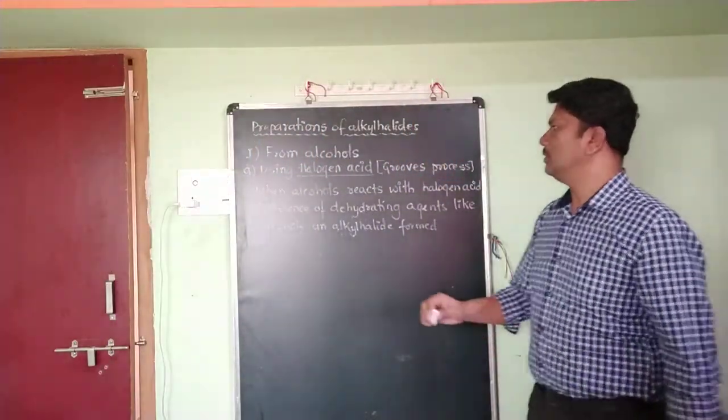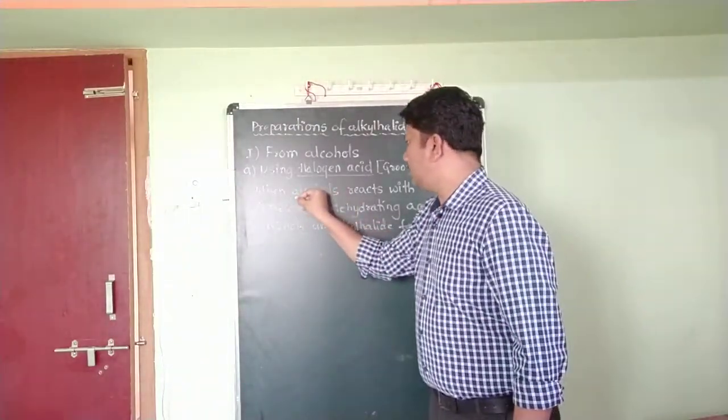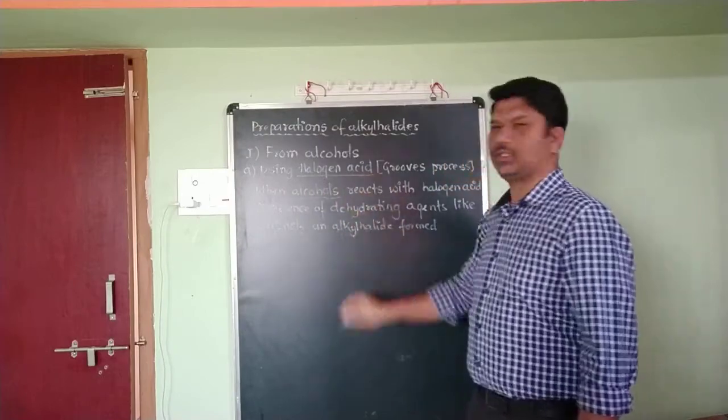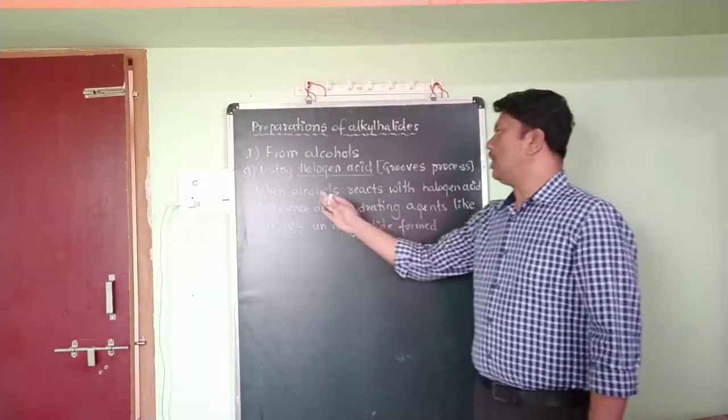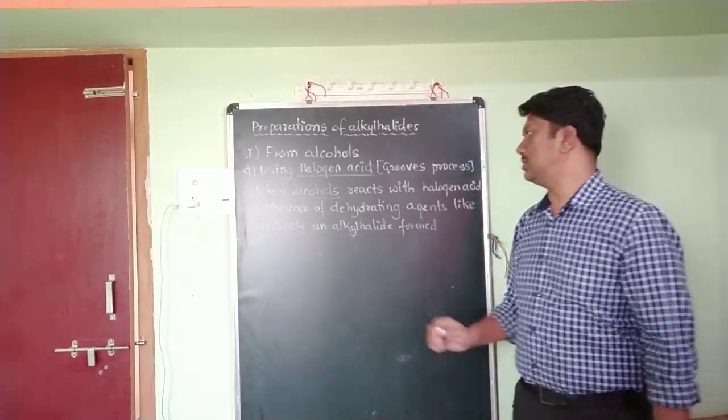See here, when alcohols react, we must first know what alcohols are. Alcohols are organic compounds having the general formula ROH.